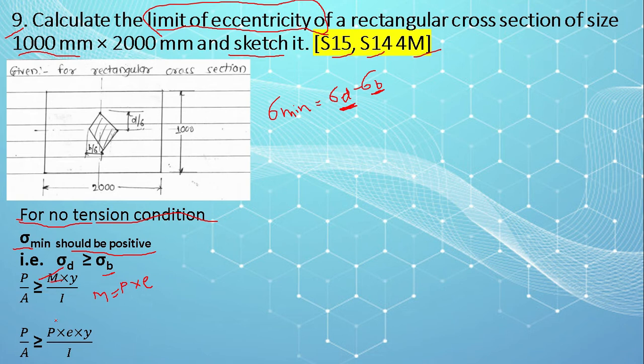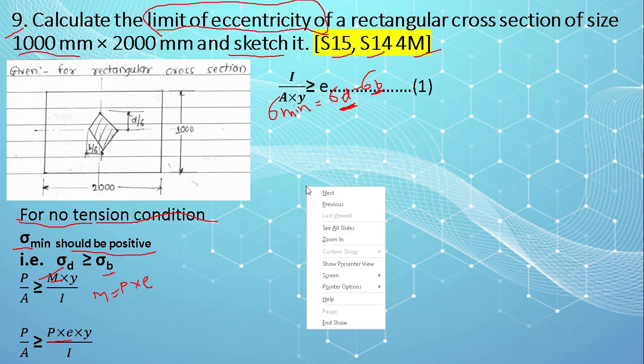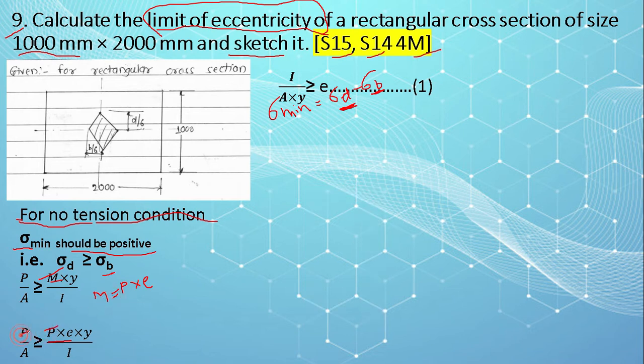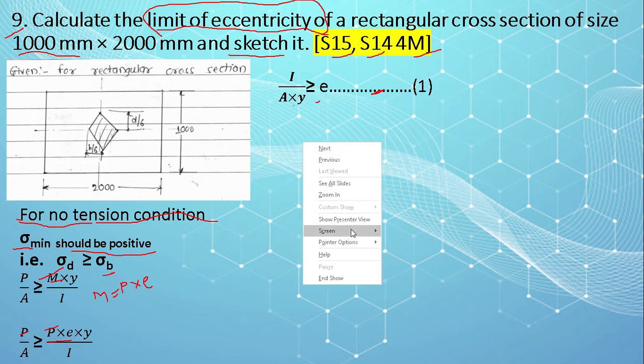So M is replaced by P multiplied by e. Therefore this P gets cancelled. So this equation becomes I divided by A into y should be greater than or equal to e.